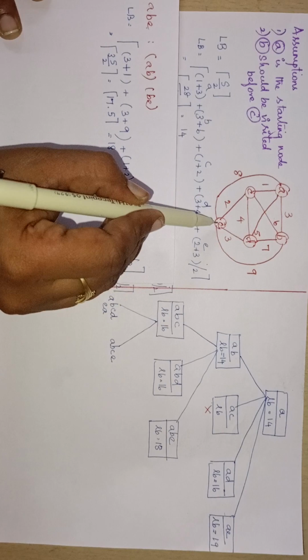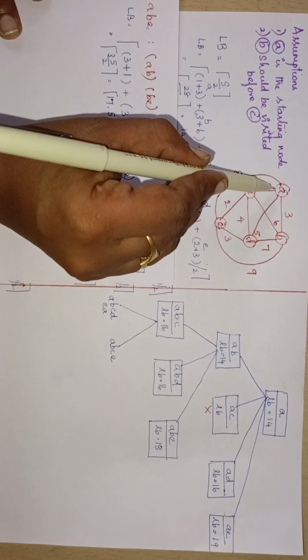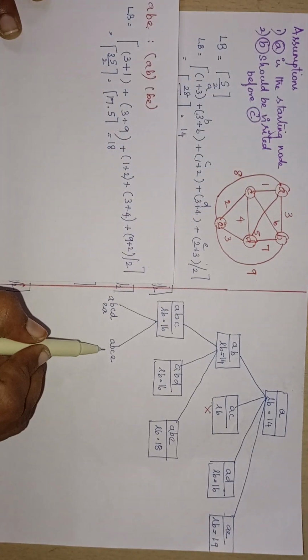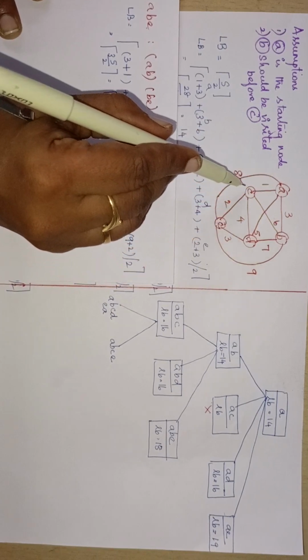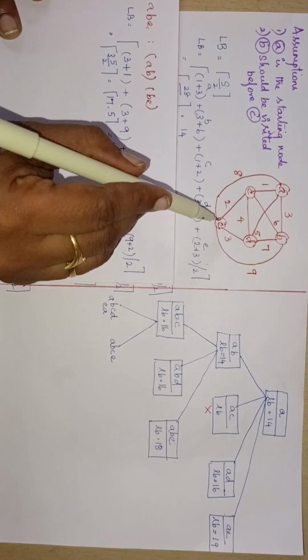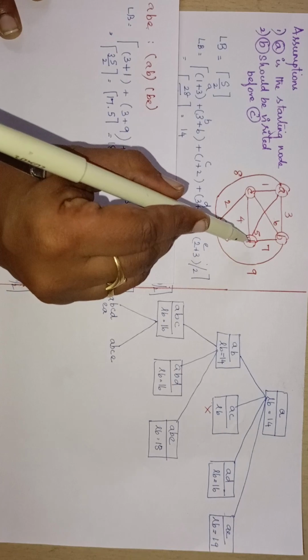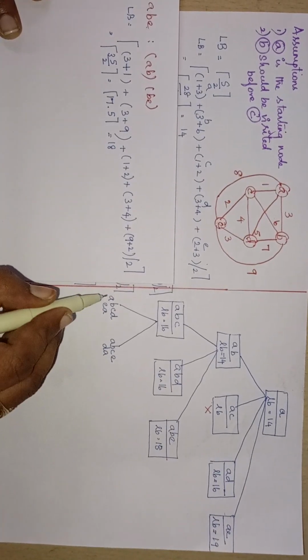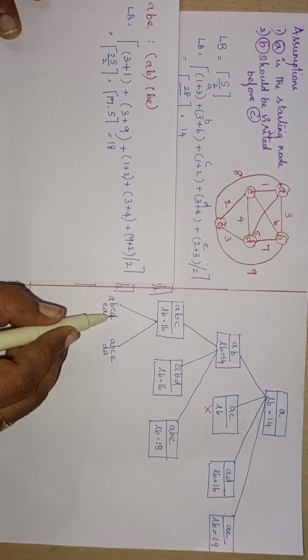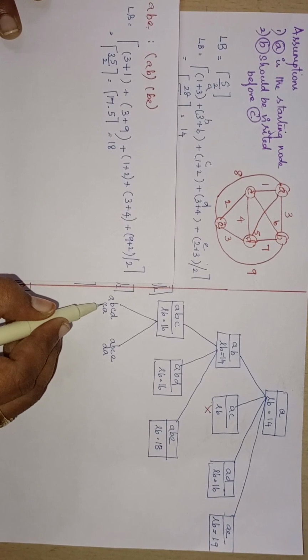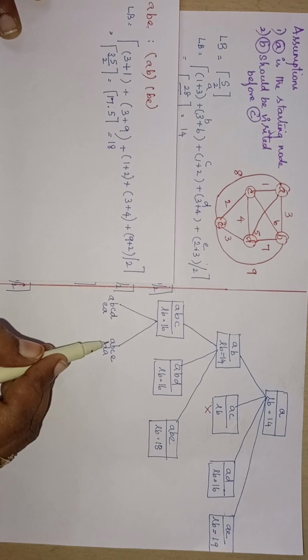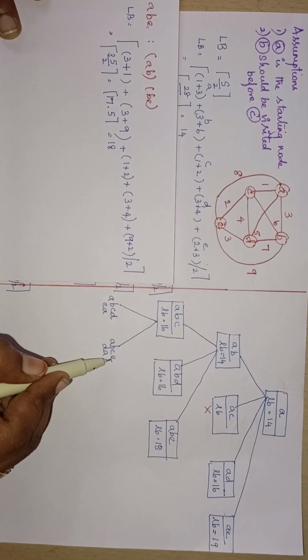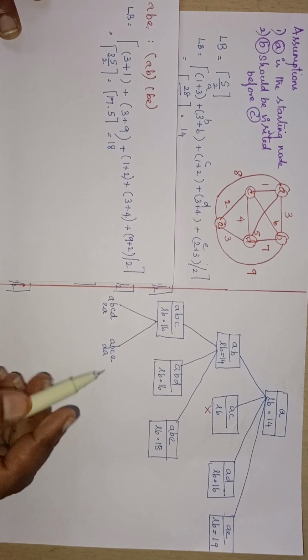After that, I can go to E, and from E, I can go to A. In this, A, B, C, next I am going to E. From E, I can go to D, and then from D to A. So these are the options. So A, B, C, from C to D, then D to E, then E to A, or else A, B, C to E, from E to D and D to A.